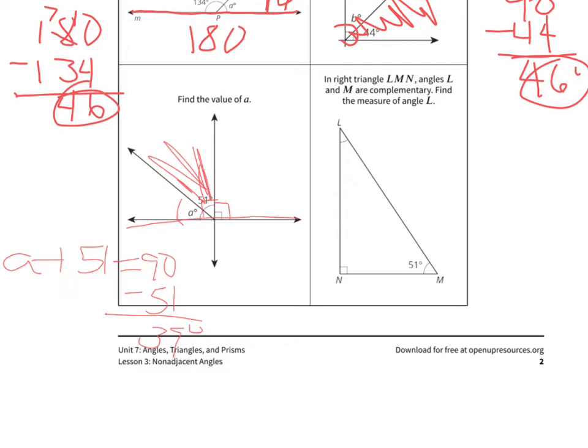One thing we haven't talked about yet is if we add up all three angles of a triangle, so angle N, angle M, and angle L, we should get 180 degrees. Every single triangle there is, all three angles will always add up to 180 degrees. So we know angle N is 90, and we know angle M is 51.